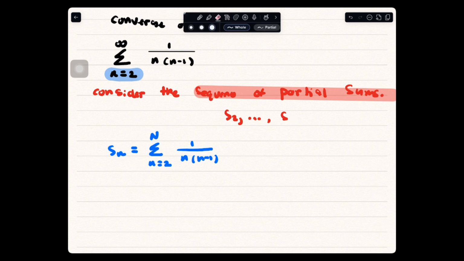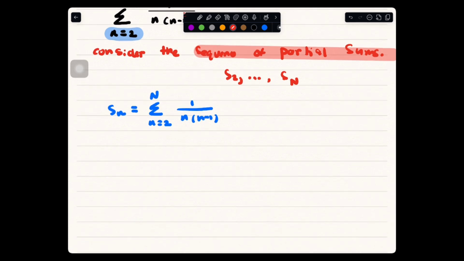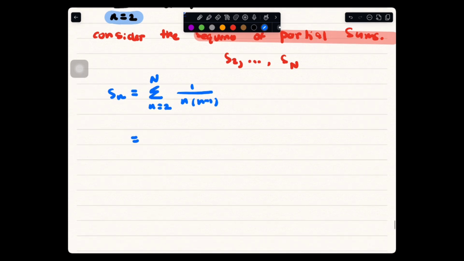So the sequence of partial sums is defined to be 1 over 2, 2 minus 1 plus 1 over 3, 3 minus 1.